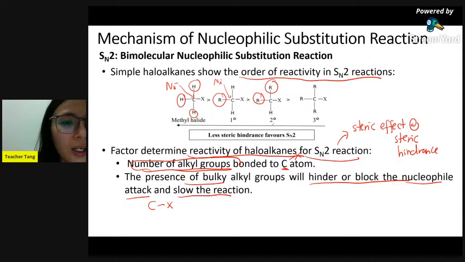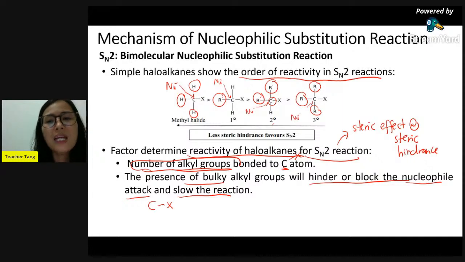So it is even harder for the nucleophile to attack this carbon. And in the tertiary haloalkane, there are three alkyl groups. So it is even harder for the nucleophile to attack the carbon. Okay, that's why the reactivity towards SN2 decreases from methyl halide to tertiary haloalkane.